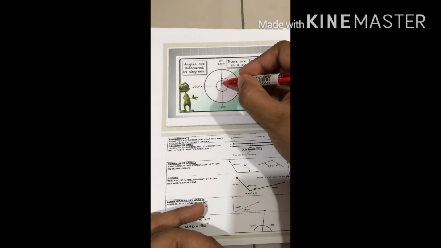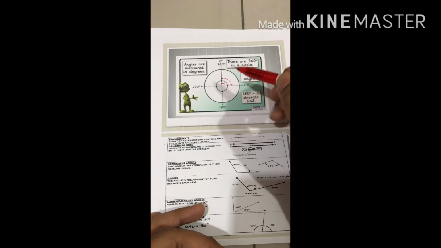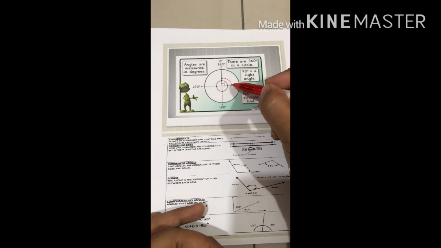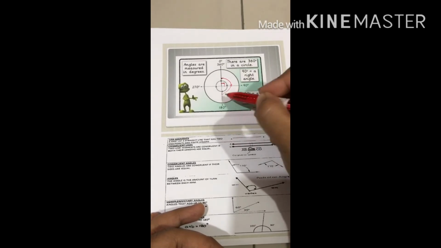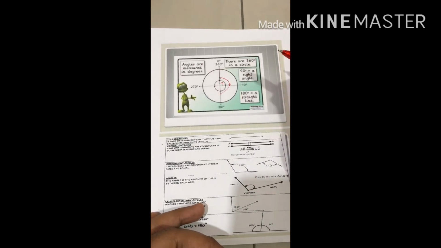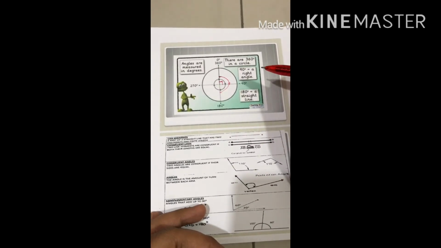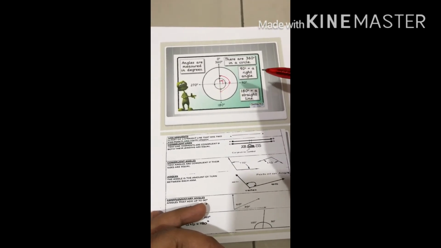For a right angle we usually just write the small square like this. When the angle rotates again until here, this is 180, then 270, then the full rotation is 360 degrees. The whole rotation forms one circle, equal to 360 degrees.